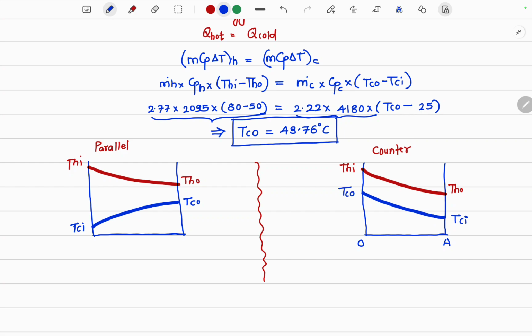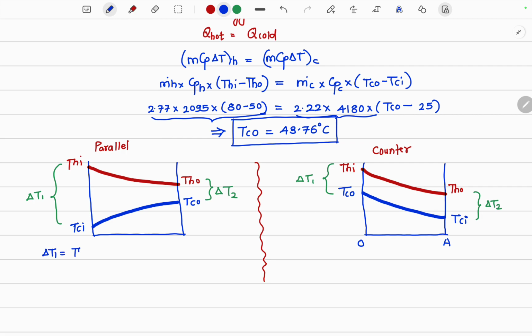Delta T1 in case of parallel flow will be this much, delta T2 will be THO minus TCO. For counter flow, THI minus TCI will be delta T1, while THO minus TCI will be delta T2 because of their flow configuration. We will immediately start calculating that.